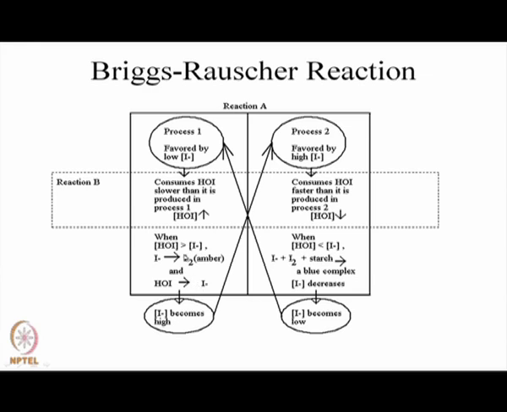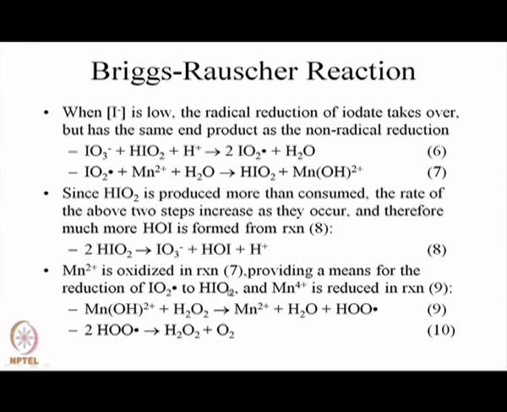So, the moment it is amber colored and this is producing I minus, it slowly increases the concentration of I minus. So, let us again go back to the radical steps.